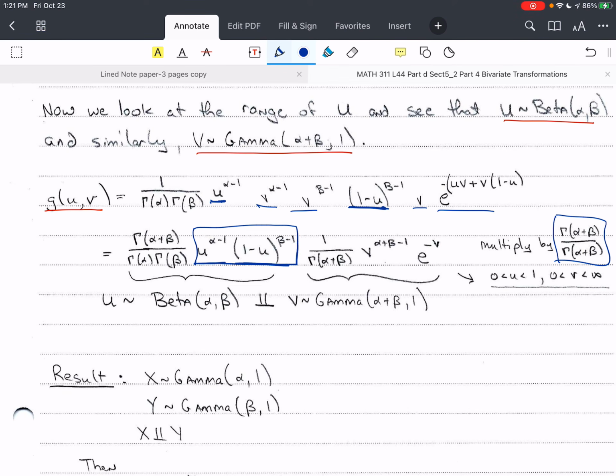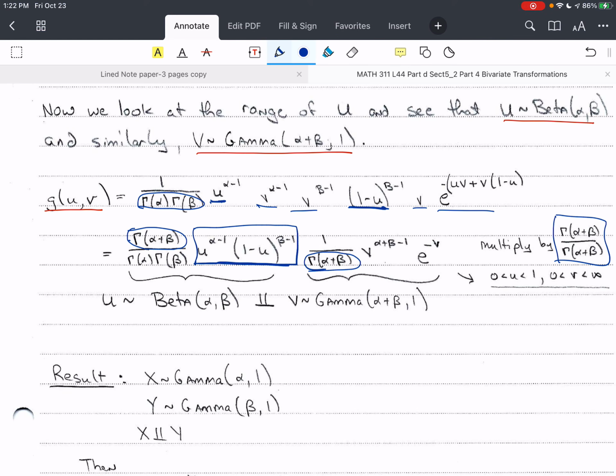Immediately when I see this, I know that I have a beta distribution, so I have to make the constants work, okay? And I already had gamma alpha, gamma beta in the denominator. I needed a gamma alpha plus beta in the numerator. So I multiply by that, and when I multiply by this, I also have to divide by this, and I put that over with the other portion.